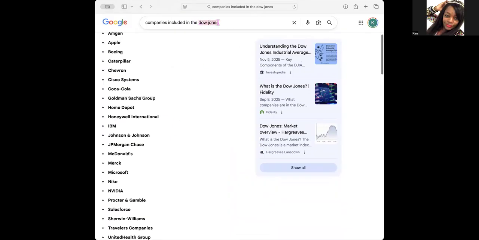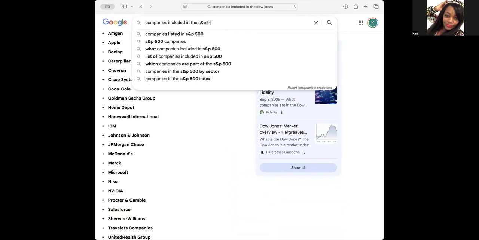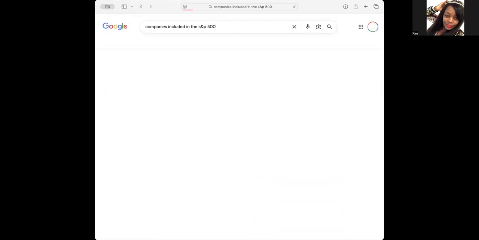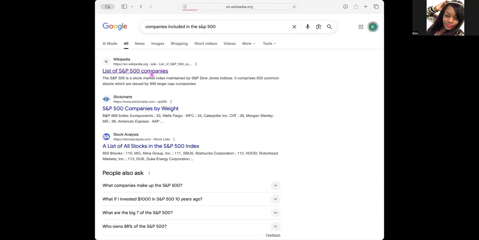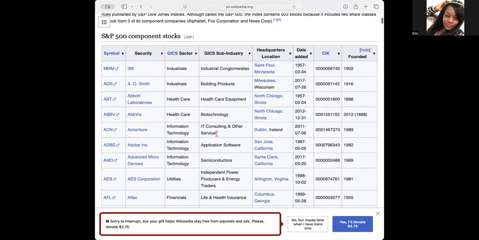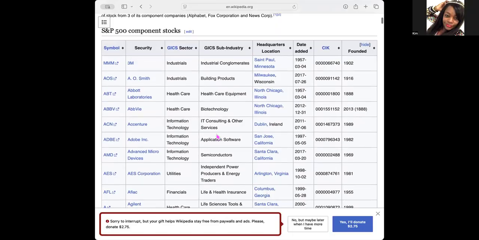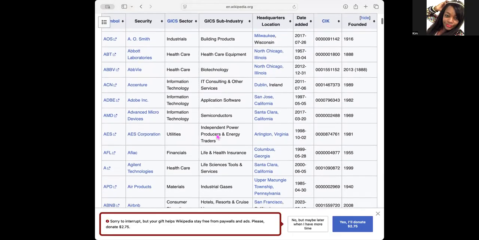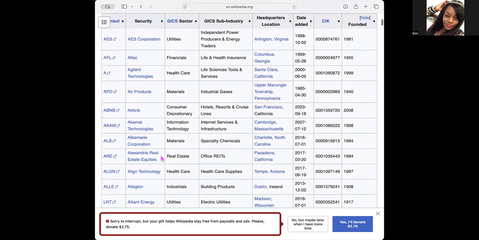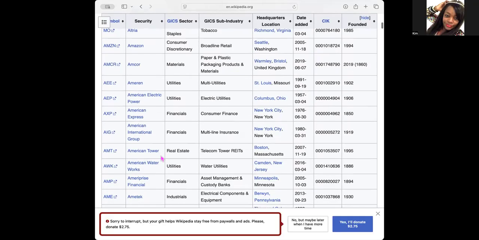Same thing with S&P 500. If you're trading the S&P, you're trading all of these companies or stocks of these companies that are included in the S&P.